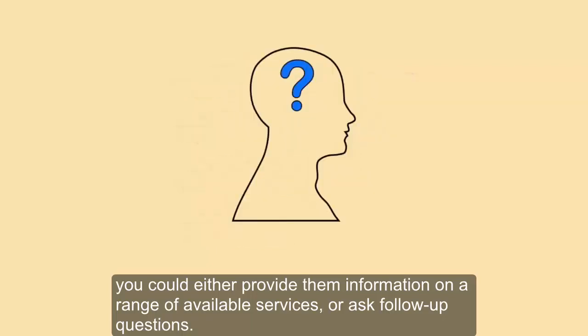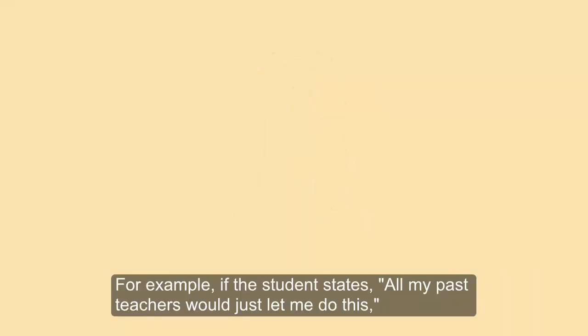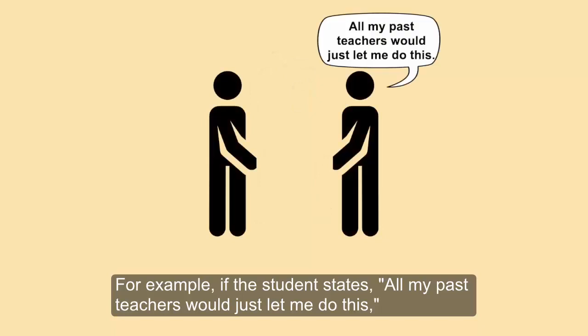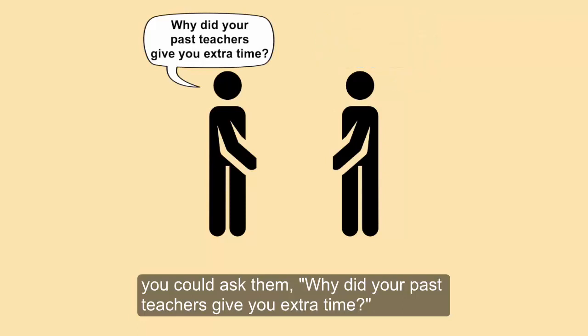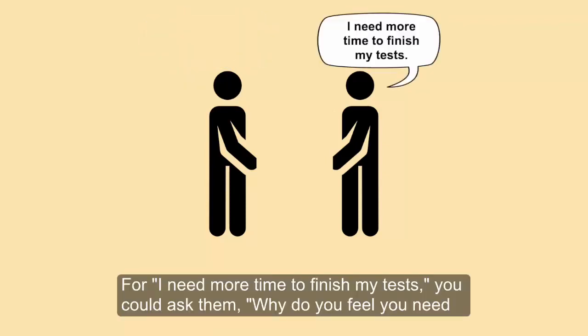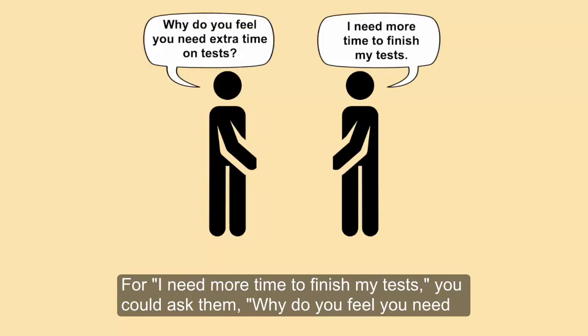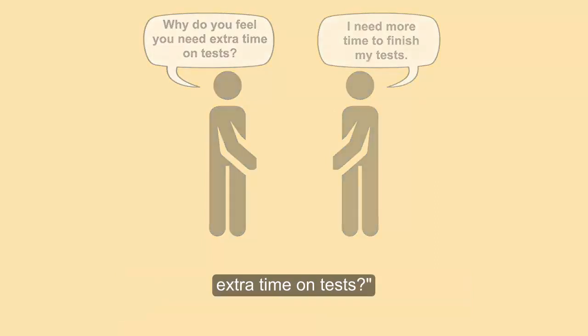ask follow-up questions. For example, if the student states, "All my past teachers would just let me do this," you could ask them, "Why did your past teachers give you extra time?" For, "I need more time to finish my tests," you could ask, "Why do you feel you need extra time on tests?"